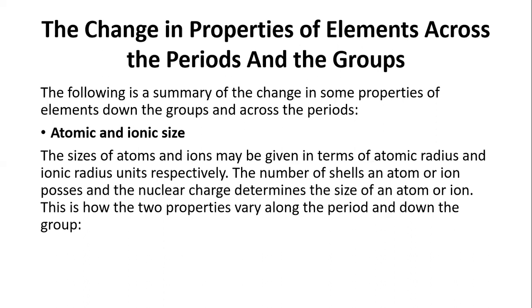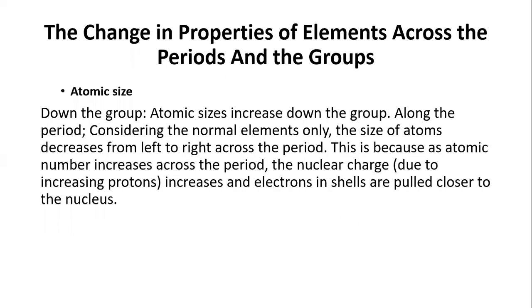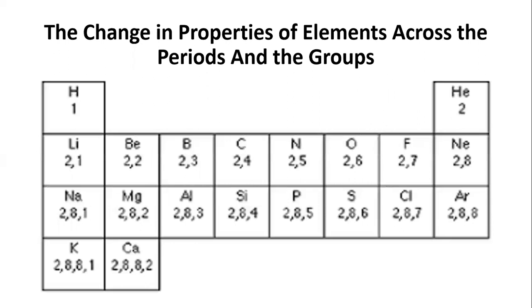Now, this is how the two properties vary along the period and down the group, starting with the atomic size. Down the group, the atomic size increases. Take an example, the first group.